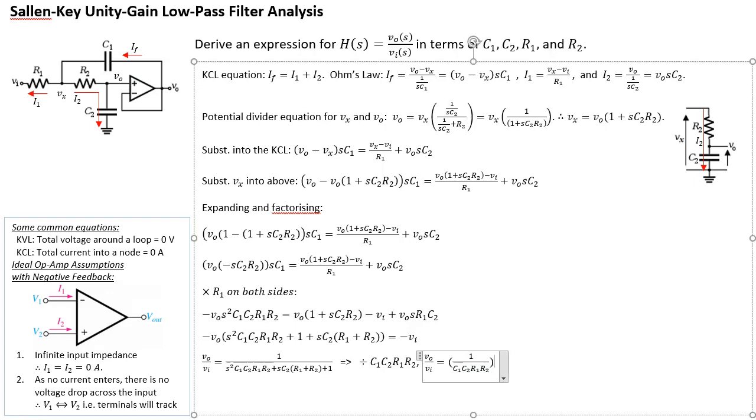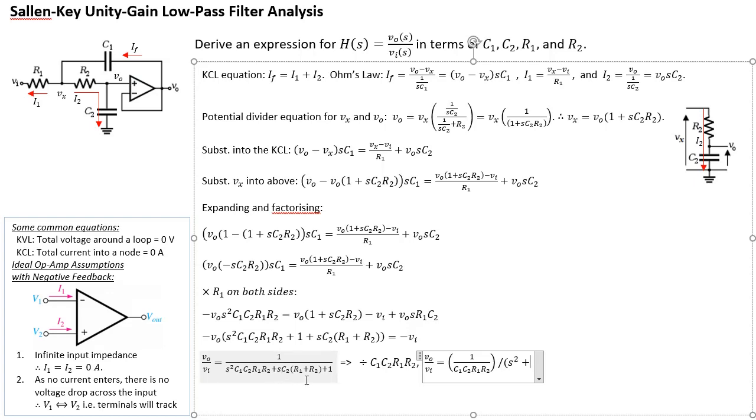And then all of that is going to be divided by, well, the s squared term is now by itself, because if you divide by C1, C2, R1, R2, then it will cancel out with this C1, C2, R1, R2, right? So it's just going to be s squared plus, all right, so now this is slightly more complicated.